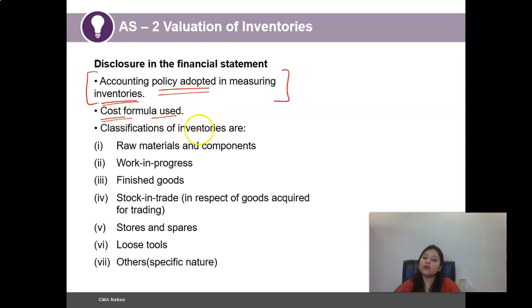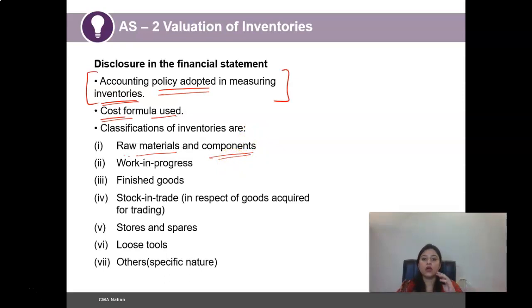And further, how the classification of inventories has been done in the books of accounts, and item by item you would also be declaring the value of such inventories. So what are the classifications? Whether there are any raw materials or components of the finished products which will further be converted into the finished products, and as and when it will be converted, it would be valued as a finished product.